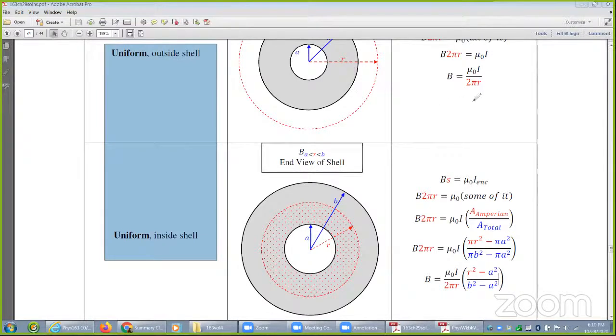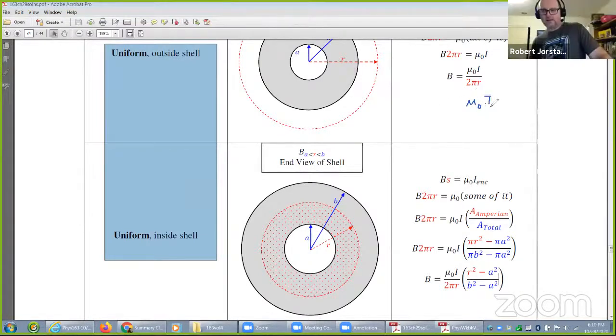B. So this one is mu naught I over 2 pi b when we get to the boundary layer. So when I get to the boundary, they should have the same result. This one up top just gives me mu naught I over b.